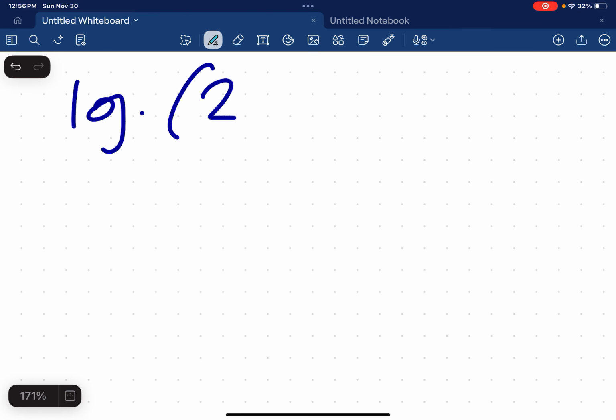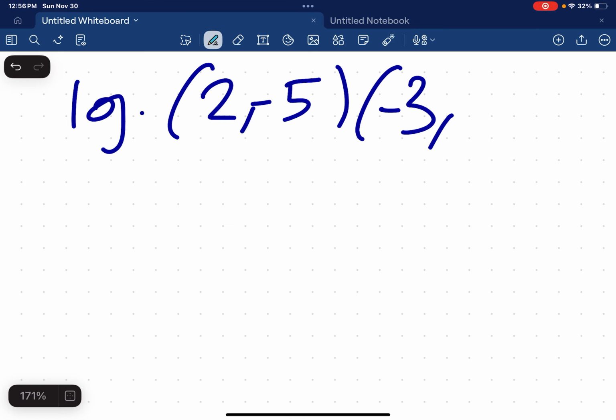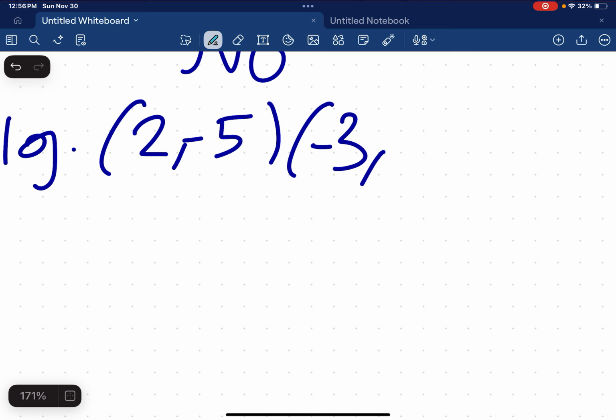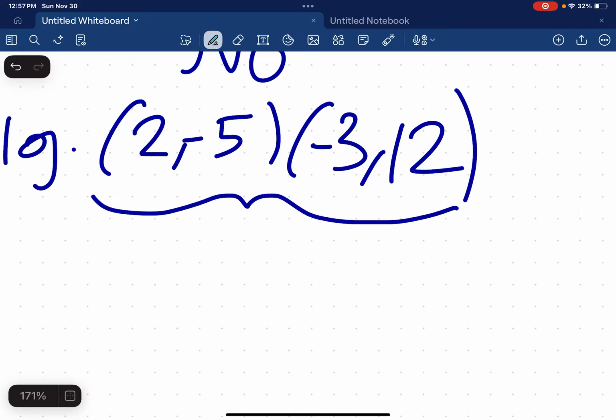1g, we're given 2, negative 5. We skip over 5, and we're just given negative 3, 12. Okay. The issue here is, at first it looks like a function when we just graph these 2 points. But the issue is, there's a 5 here.